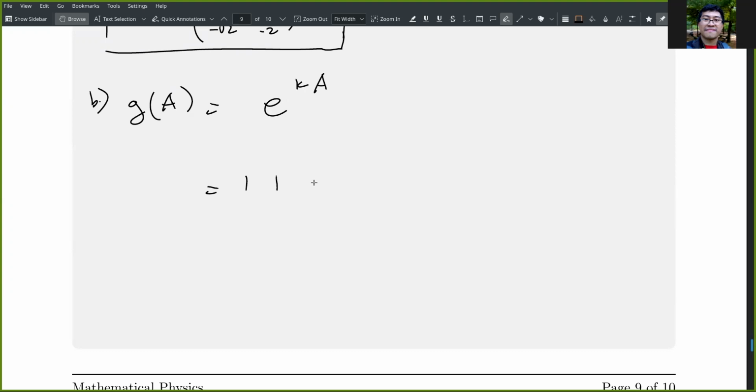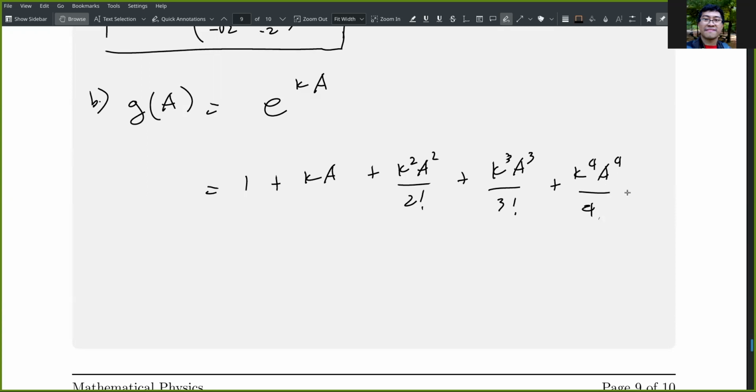We have 1 plus kA, plus k squared A squared over 2 factorial, plus k cubed A cubed over 3 factorial, plus k fourth A fourth over 4 factorial. This goes on, but I will include some important terms: k5 A5 over 5 factorial, and then it cycles out.